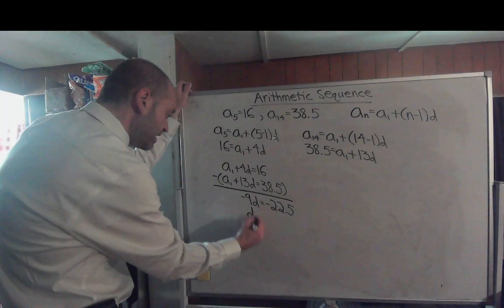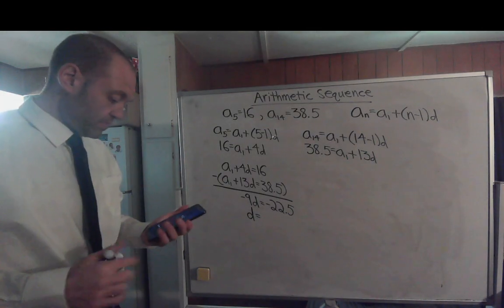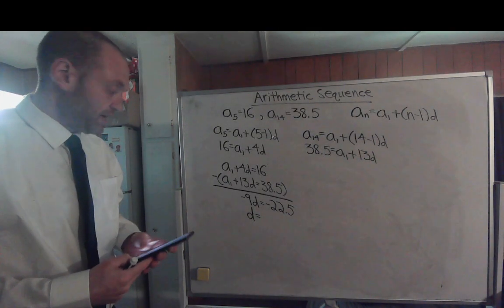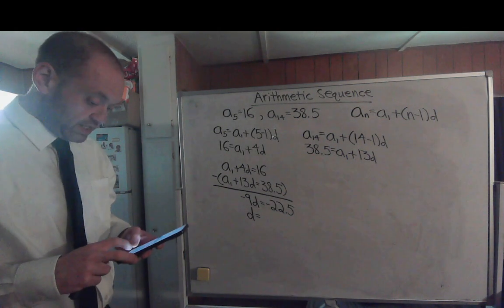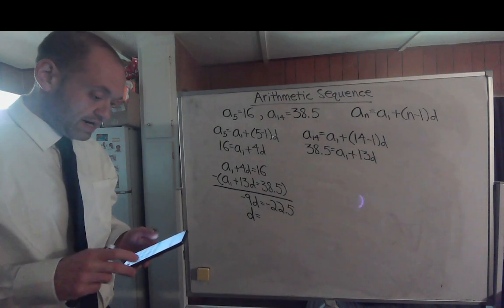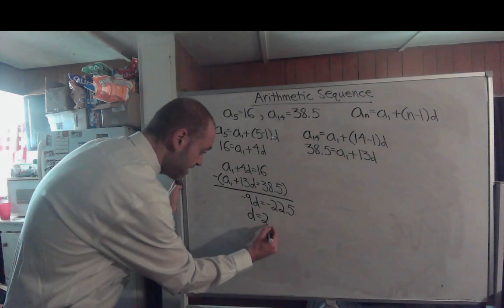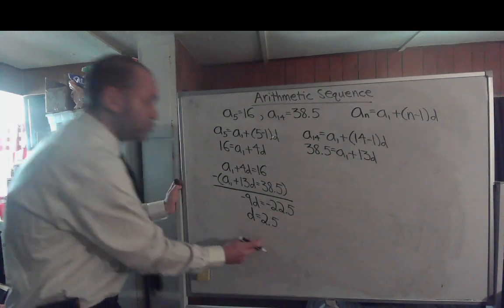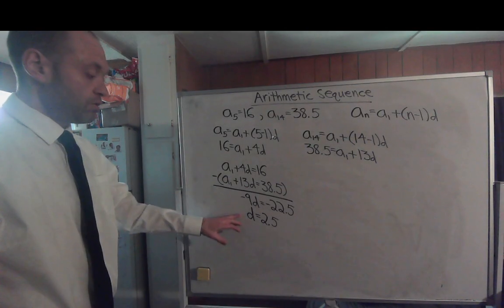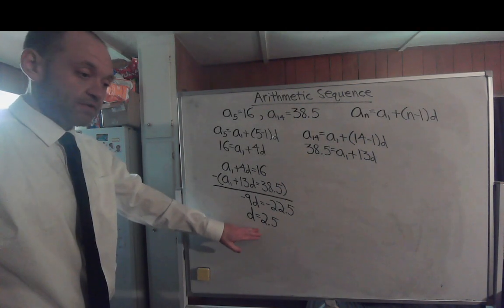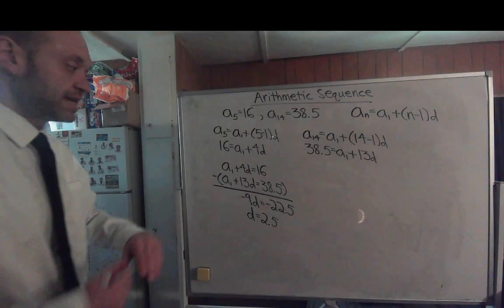So then we should be able to get our common difference very shortly. Let me just divide the result here. I need to take 22.5 divided by 9. I get 2.5. So now I have my common difference to be 2.5. Since I found my common difference, I can put that into one of these equations and solve for my a sub 1.